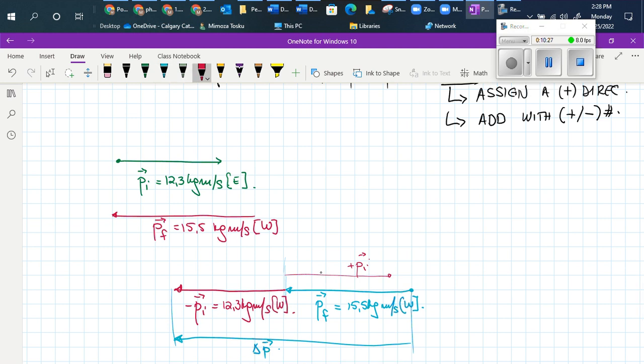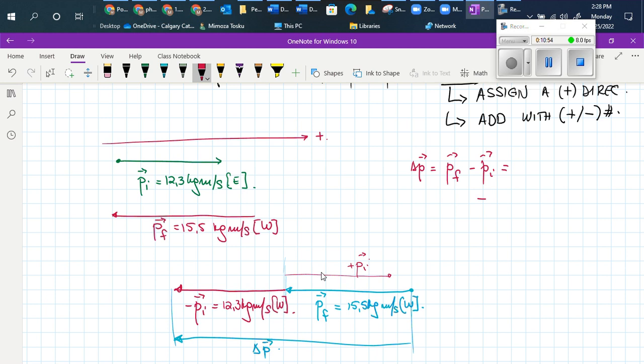So if I'm assigning positive as going east, you can assign it even going west, it will be the same thing. Then the change of momentum being P final minus P initial, and the positive direction being going east, sorry, then P final going west will be negative.